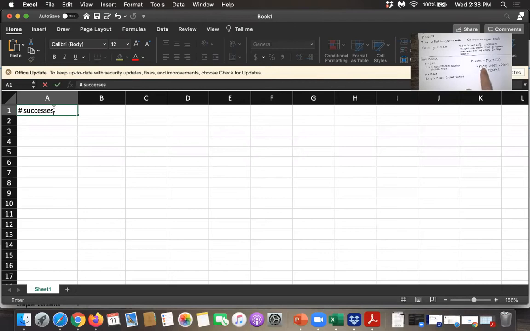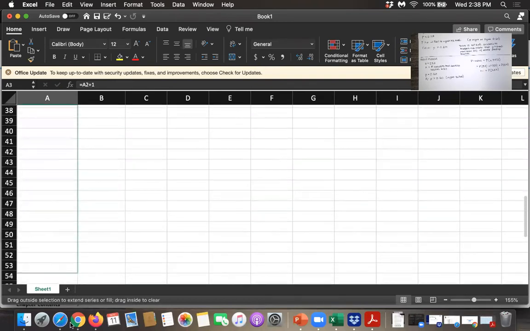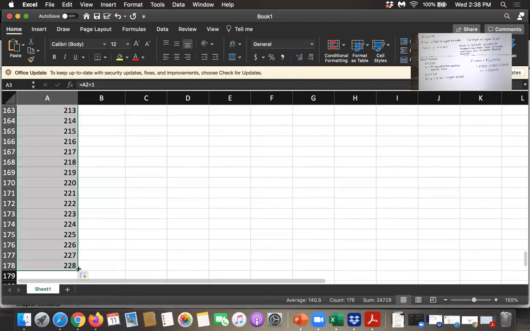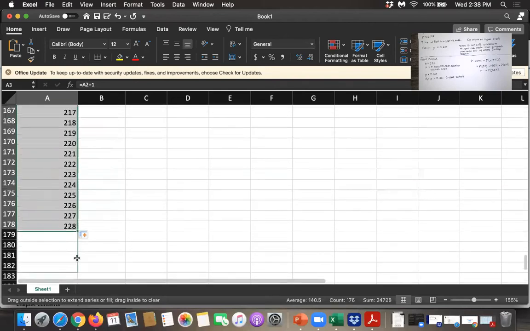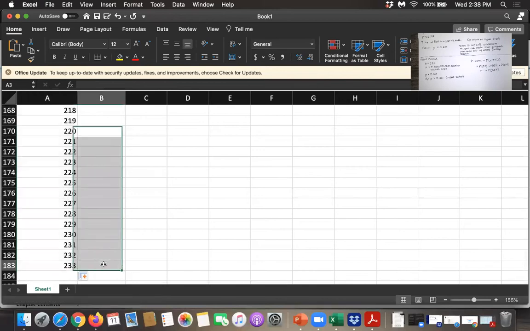We only need 52 successes all the way through 233 successes. So I'm just going to start with 52. And then the next number of successes I need is 53, so I'll take that number and add 1, and then just drag and drop until I get 233. This is computationally intensive, so I don't know if Excel can handle it. There, we went all the way to 233.